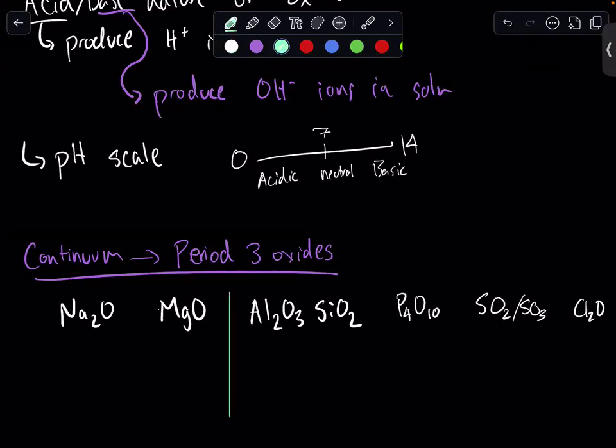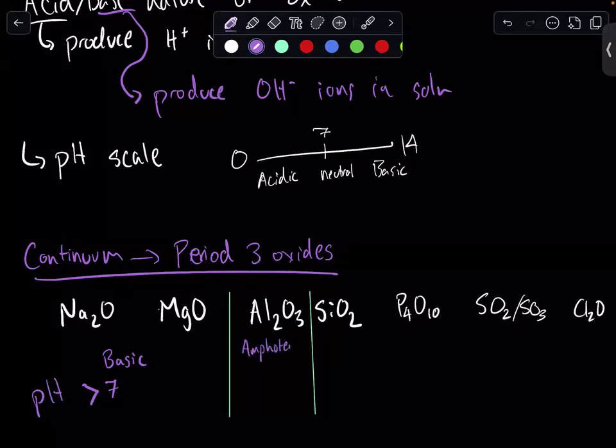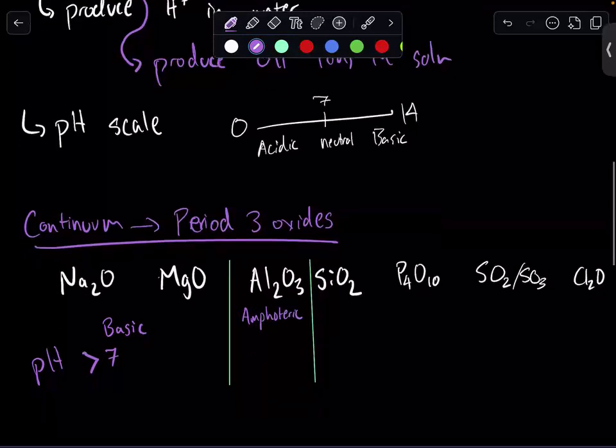All right. So as we look at these, we have 3 distinct categories right here. We have a division between sodium, magnesium, and aluminum. Then between aluminum and silicon, we have another division. And so when we look at these, a couple things of note is these are generally basic, meaning they have a pH of greater than 7. Aluminum oxide is amphoteric, which means it can be above 7 and below 7 depending on the conditions.